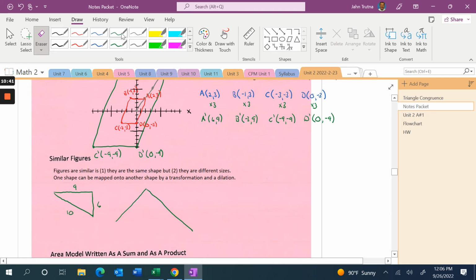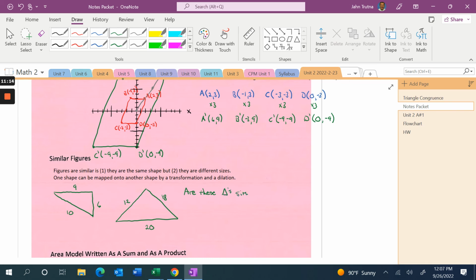The sides of this triangle are 12 and 18 and 20. And so now the question is, are these triangles similar?